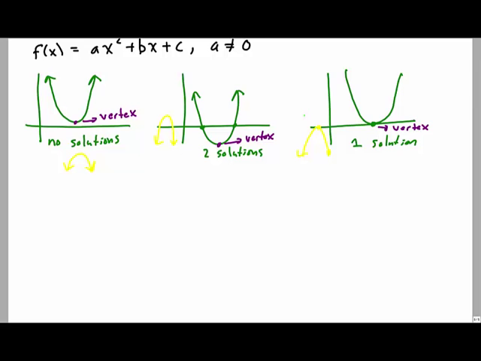Well, we're going to come up with the vertex by completing the square. Now the equation that represents this parabola is given by this ax squared plus bx plus c. But I can also put this in another form. So we like this form as well.